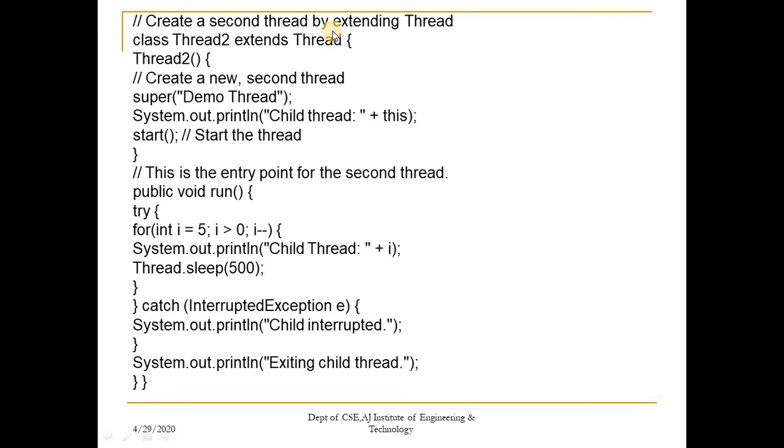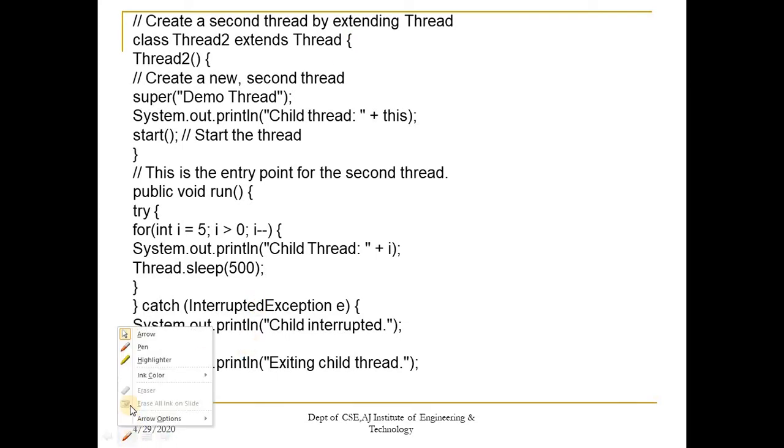As we have already seen, we have to create a class which will extend the thread class, and then we have to create an object of this Thread2 class, and we have to override the start and the run method of the thread class.